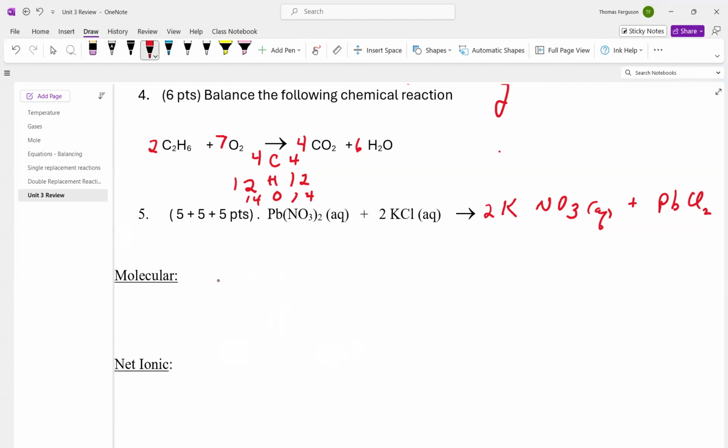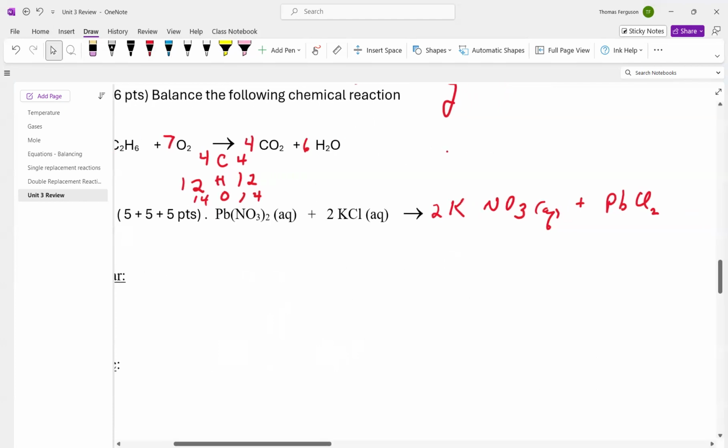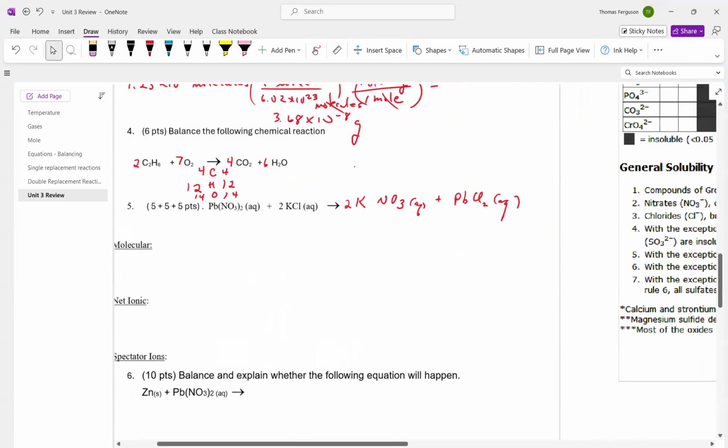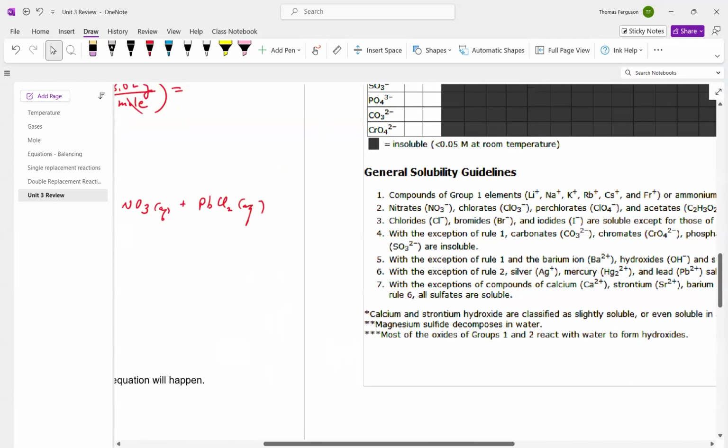Now the next question is, is there a solid formed? So what you're going to do is you're going to look on this here.